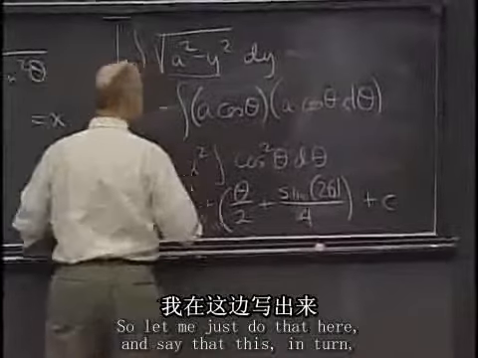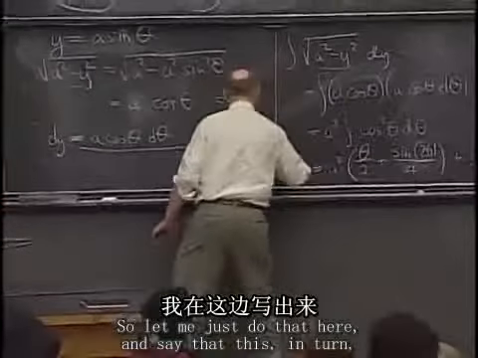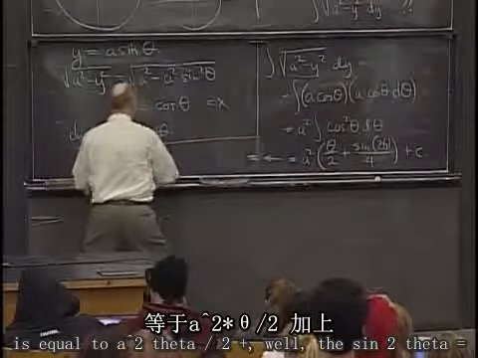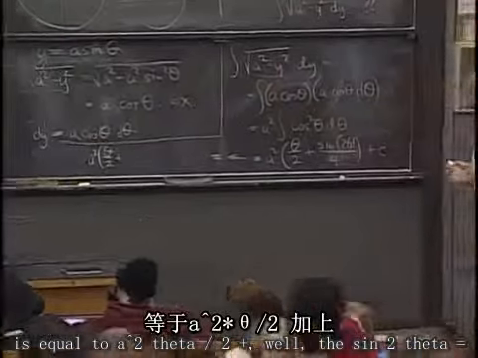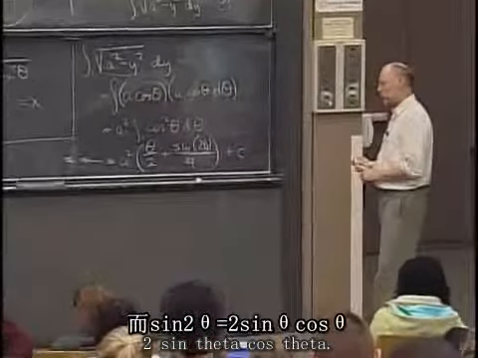And say that this, in turn, is equal to a squared times theta over 2 plus, well, the sine of 2 theta is twice the sine of theta times the cosine of theta.